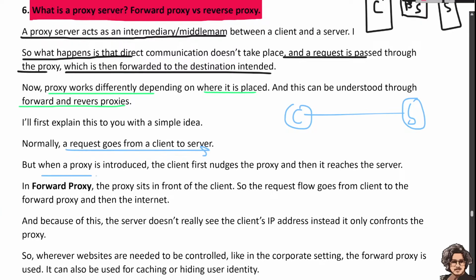But when a proxy is introduced, the client first reaches the proxy and then the request goes on to the server.